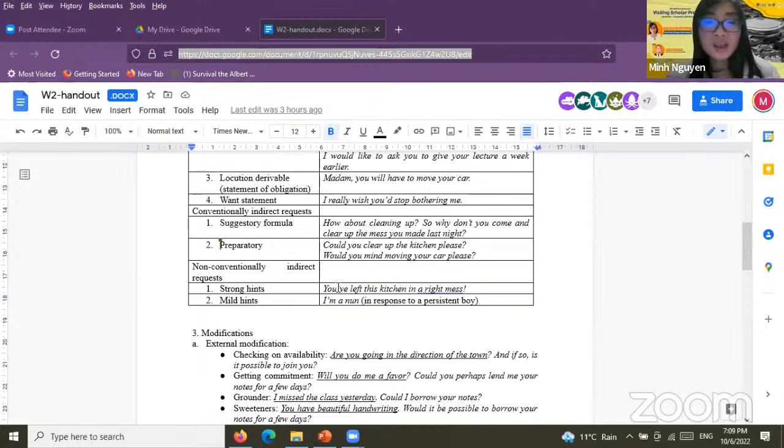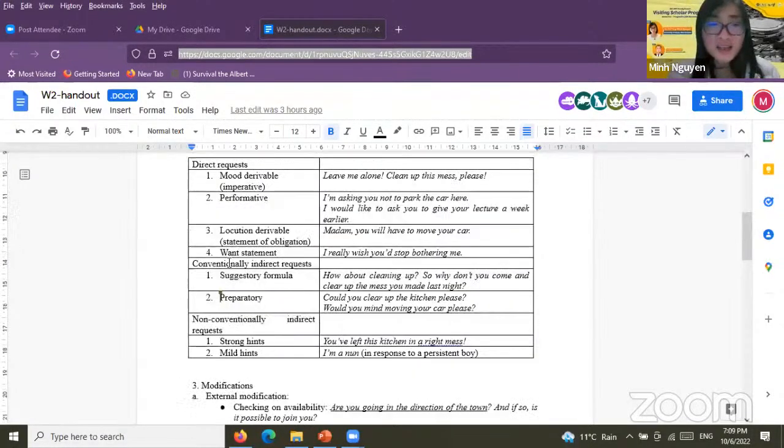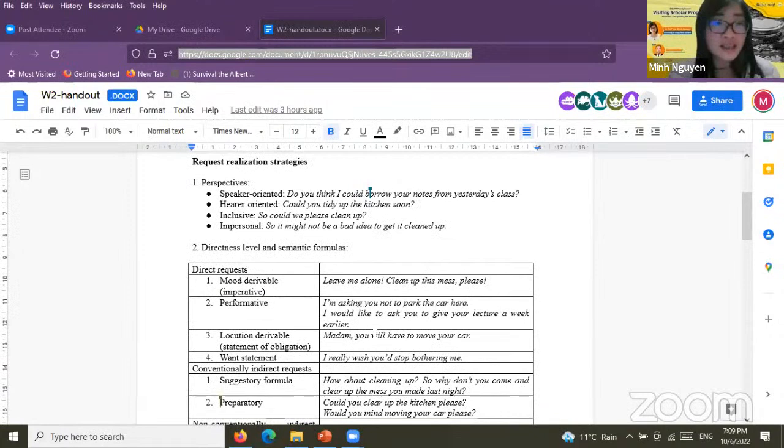For example, you've left this kitchen in a right mess, meaning can you, okay, clean it up? Or when, okay, a girl says to a boy, I'm a nun, okay, it means that I'm not going out with you, or stop bothering me, something like that, right? So it's hints. Okay. So that's how directness level is identified.